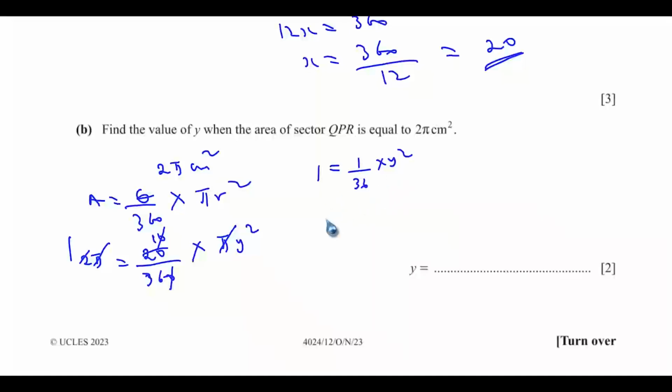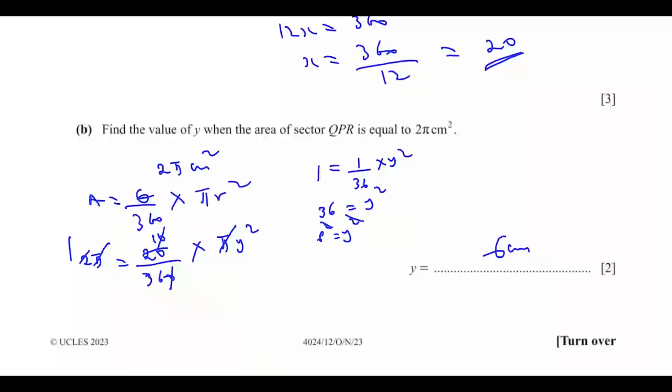If we cross multiply, we have 36 times 1, 36, equals y squared times 1, y squared. So the value of y will be equal to 6, as 36 is the same as 6 squared. Square cancels square, so y is equal to 6 centimeters. Okay, so let's go to the next one.